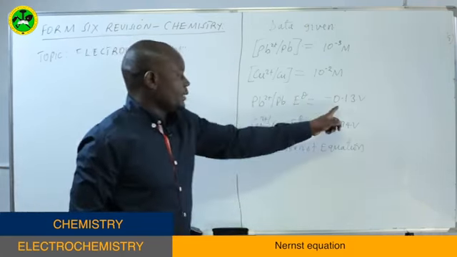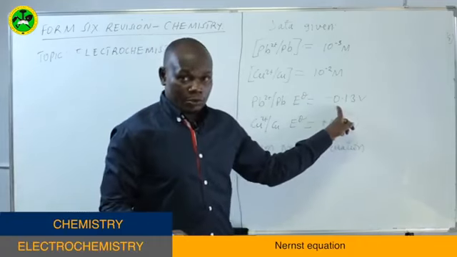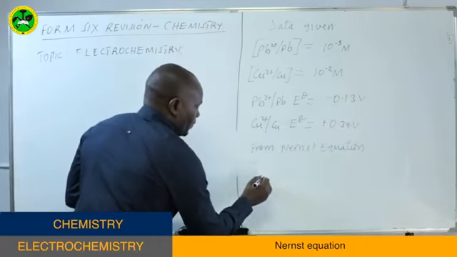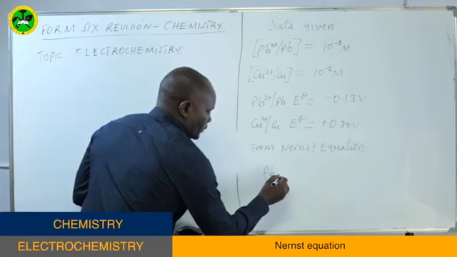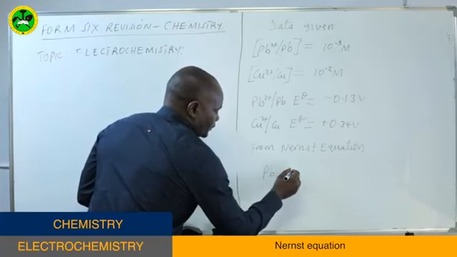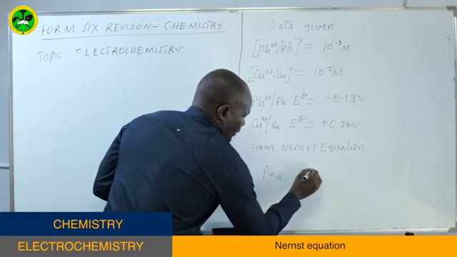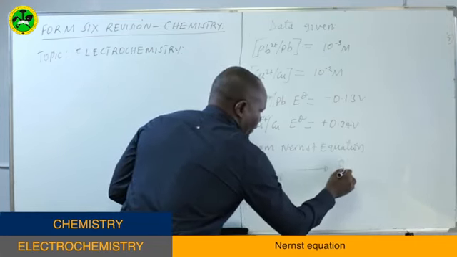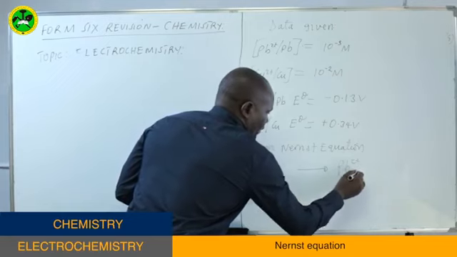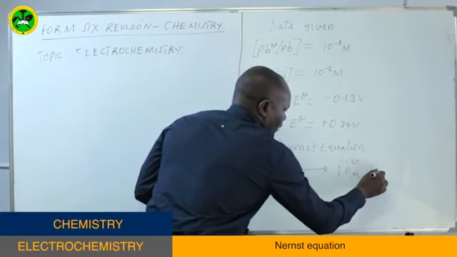Now for lead, you have seen that it is the species that undergoes oxidation. So it will be lead solid, half equation, lead solid goes into lead 2+ aqueous, plus 2 electrons.